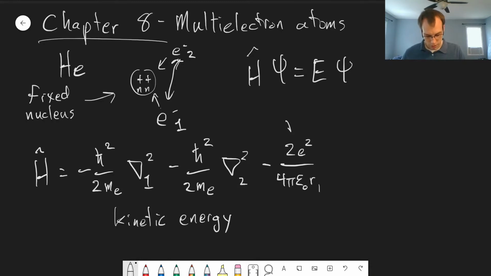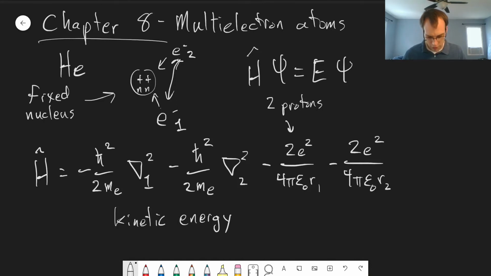We end up with 2 here because we have 2 protons in our nucleus. And then we have a similar term for electron 2, the only difference being we use r2 versus r1. So these are our attractive Coulomb potential energy terms.